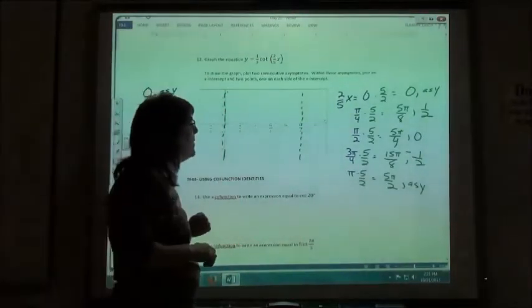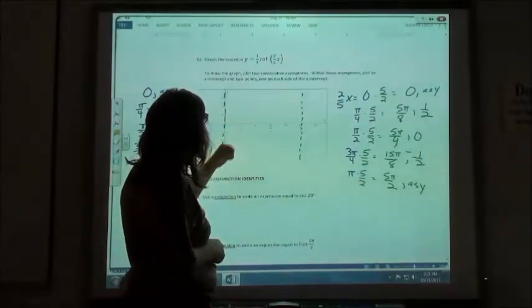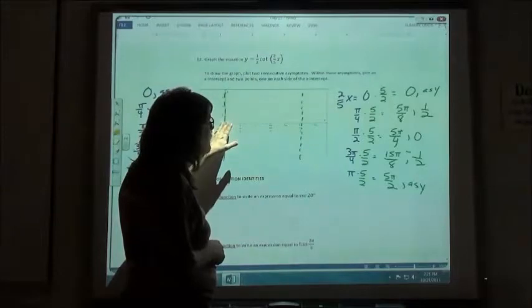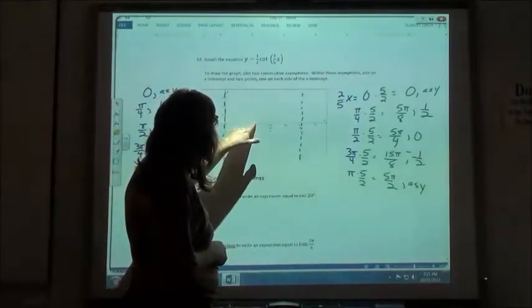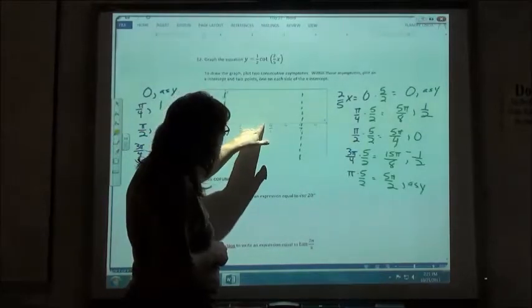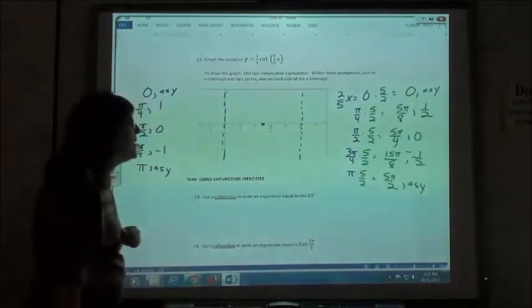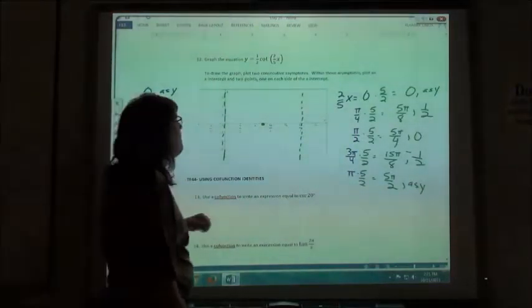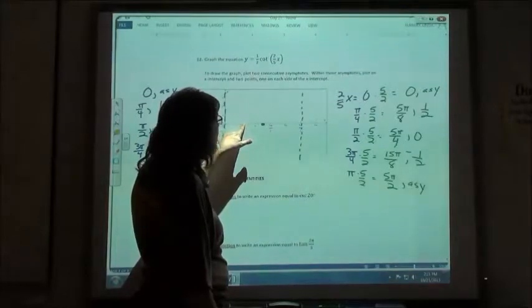5/4. 1, 2, 3, 4. I'm in eighths, so I'd have to go 10. 1, 2, 3, 4, 5, 6, 7, 8, 9, 10. Should be halfway between. It looks like it is. Should be right at 0. 5/8. 1, 2, 3, 4, 5, which should be halfway in between.